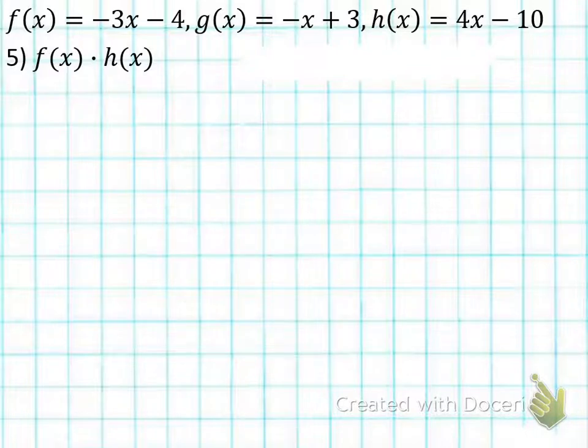So f of x times h of x. What's the operation again? Add, subtract, multiply, divide. Multiply. Okay, looking up here, we have f of x times h of x. So I'm going to take f of x, which is negative 3x minus 4, times h of x, which is 4x minus 10.